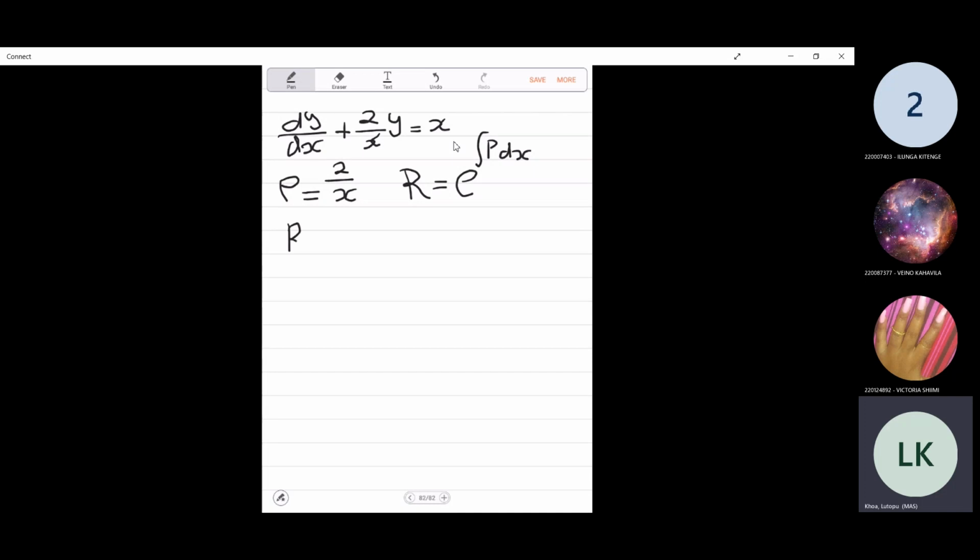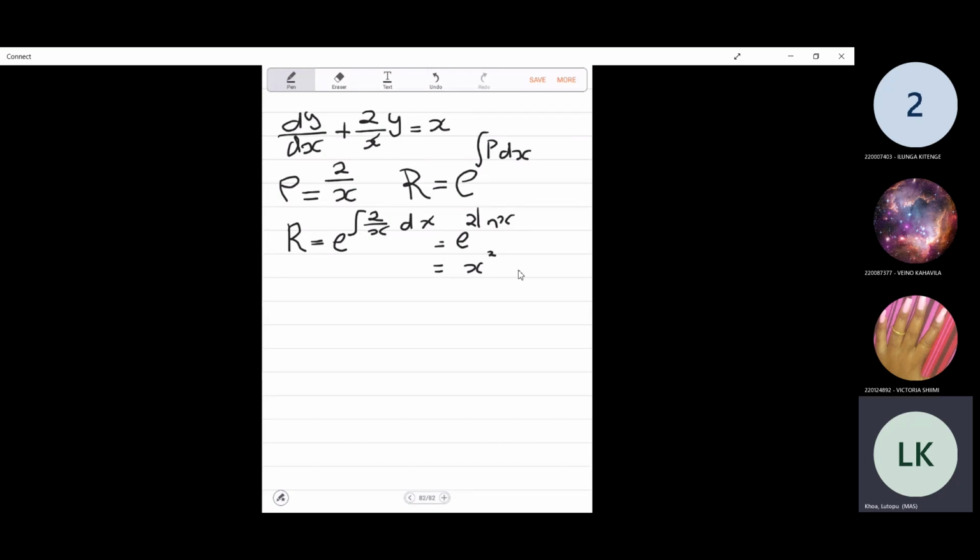So we have r is equal to e to the power of the integral. P is 2 over x dx. This is e to the power of 2 ln of x, which is x squared.